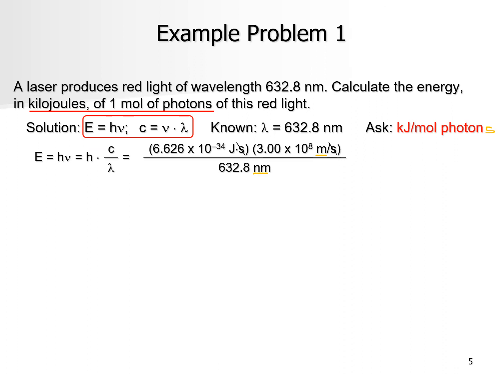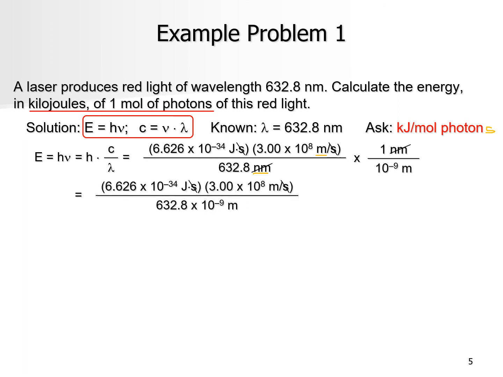We have to find a conversion to convert the meter to the nanometers or vice versa. Remember, 1 nanometer equals 10 to the negative 9th meter. Because we want to cancel nanometer, we put the 10 to the negative 9th at the bottom, along with the meter.